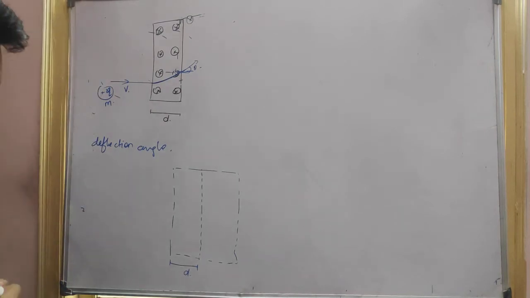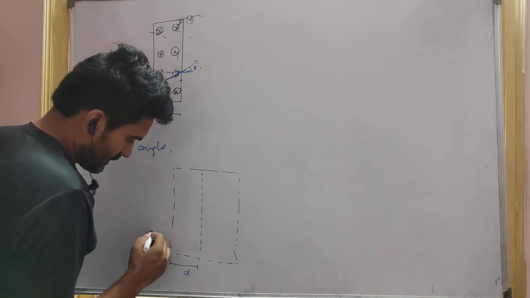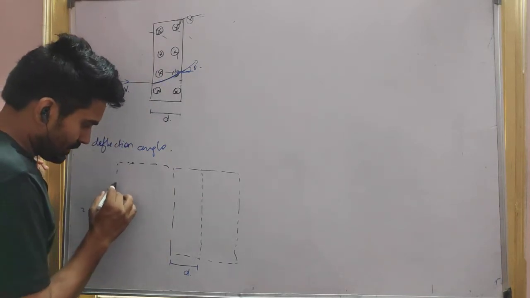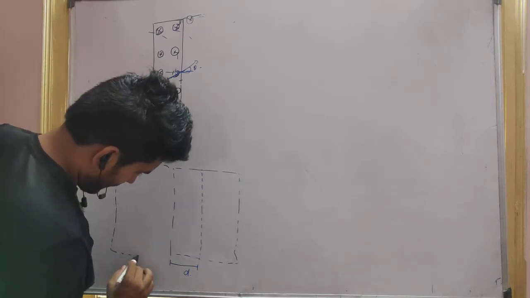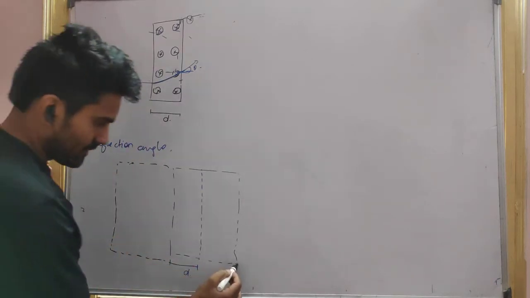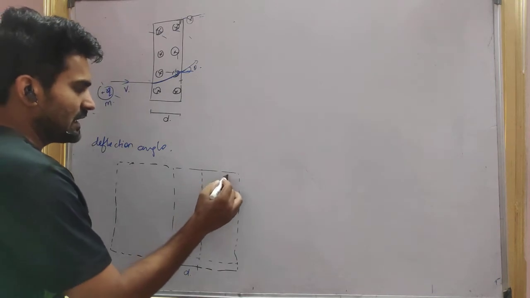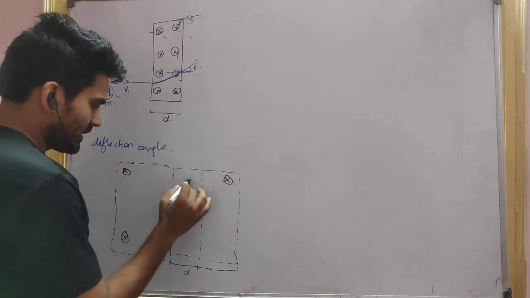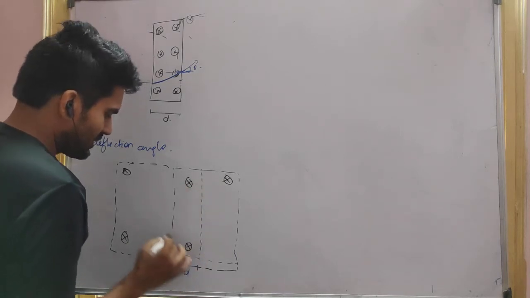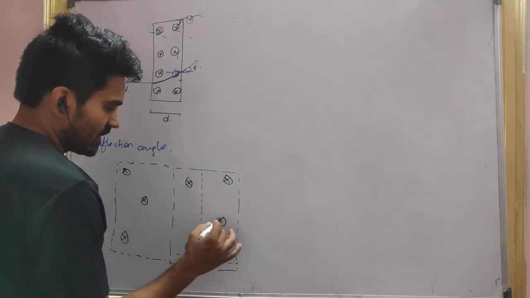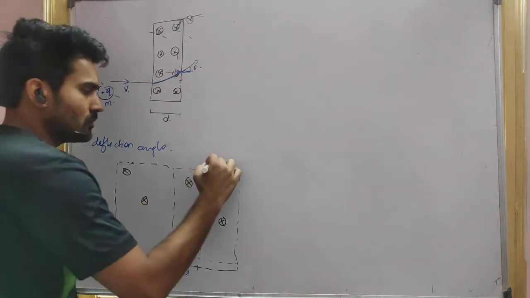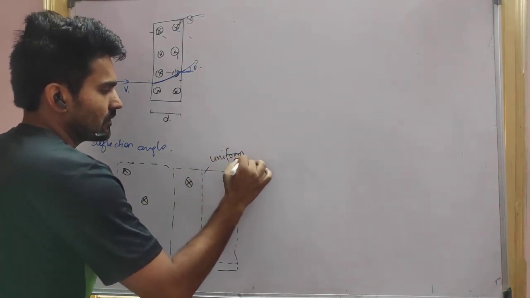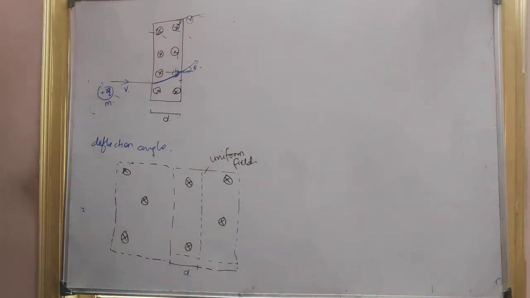See guys, if it enters like this, let's make here also. Yes. So this is the field. The field is inside the plane, right? I am just making the symbol. It means that it is a uniform field. Okay, it is a uniform field.